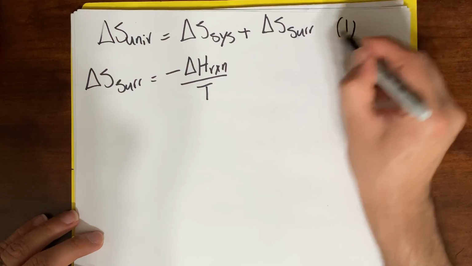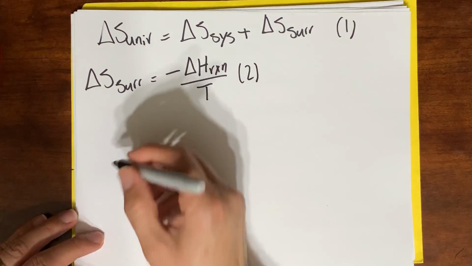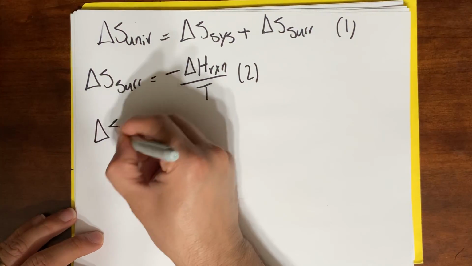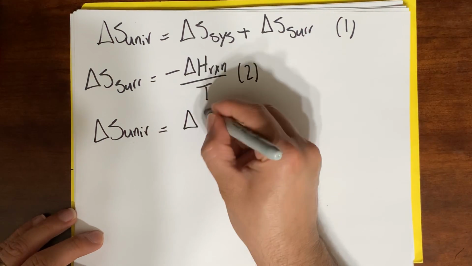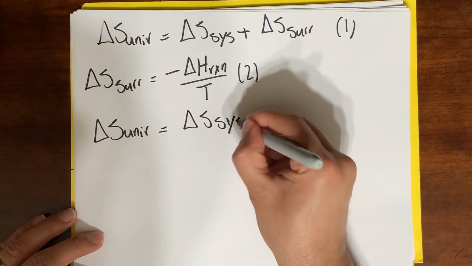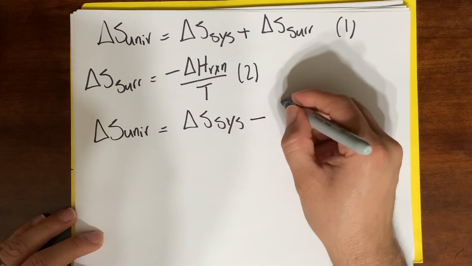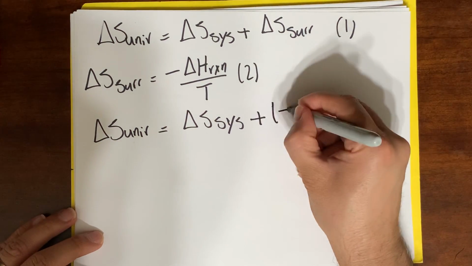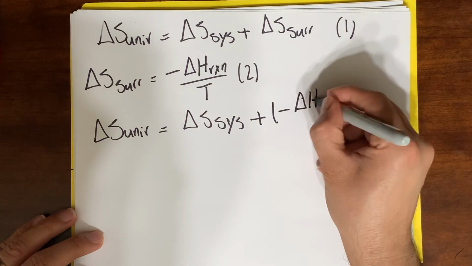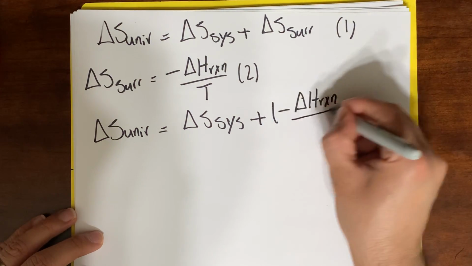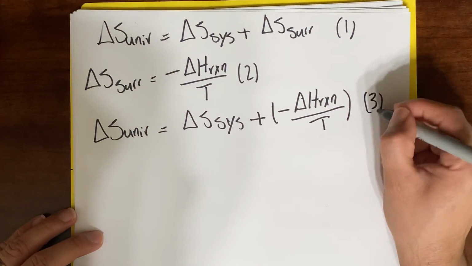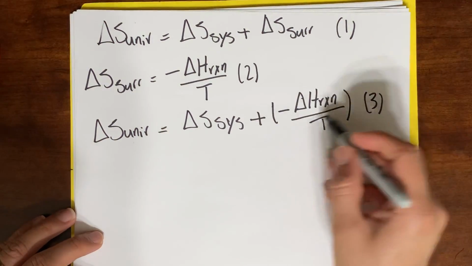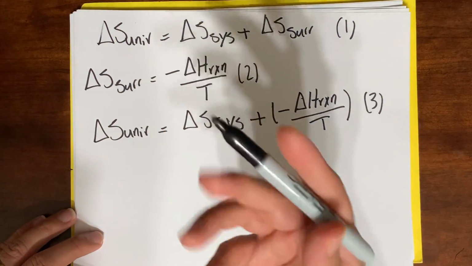Call this one 1, call this one 2. So delta S of the universe is equal to delta S of the system minus delta H of the reaction divided by T. I call this one 3. Multiply number 3 by minus T.